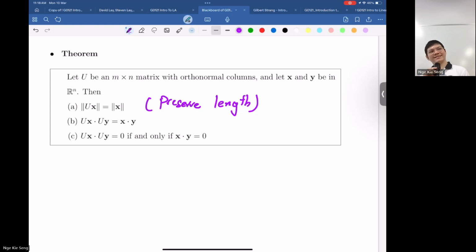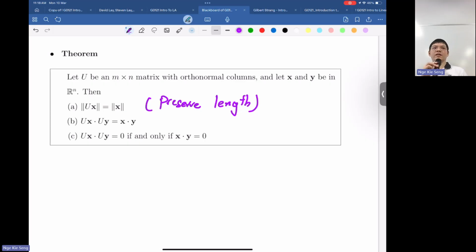Meaning what? You already preserve length, right? It also preserves the dot product. Dot product has another piece of information other than length. You have to remember this formula: x dot y equals the length of x times the length of y times cos theta.